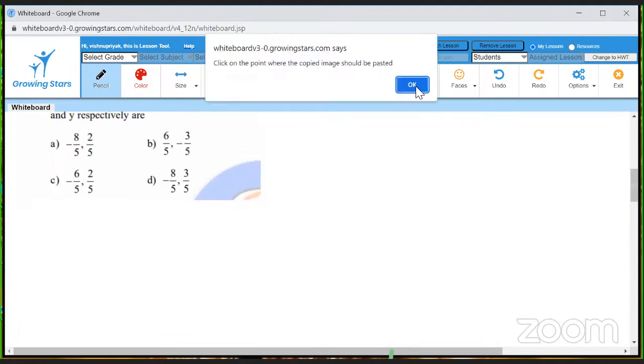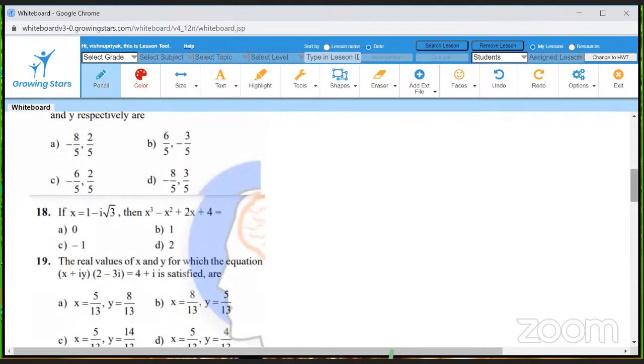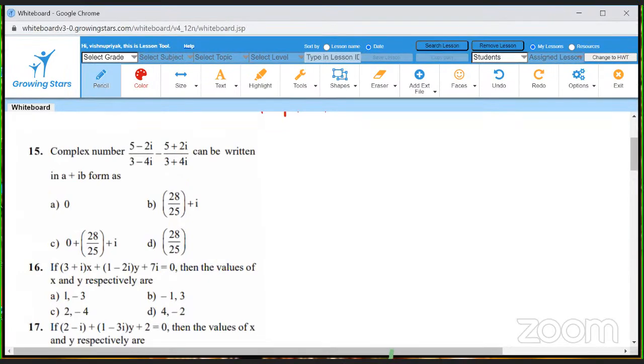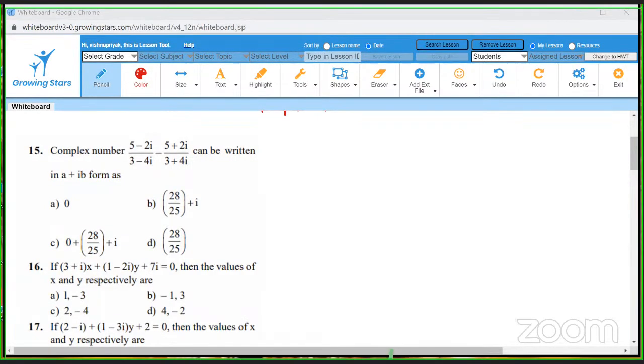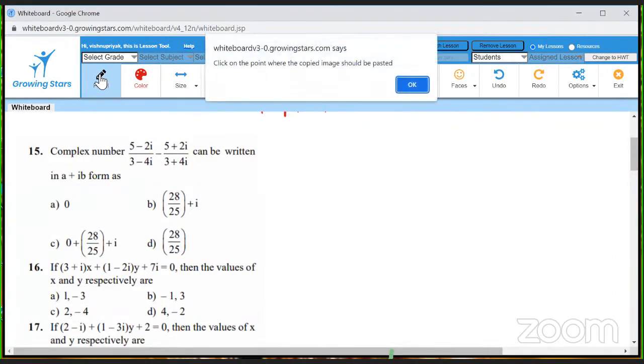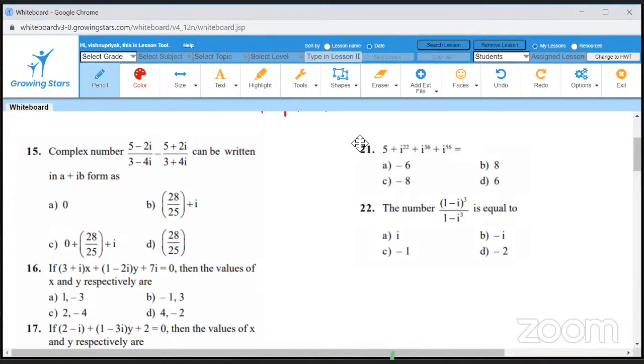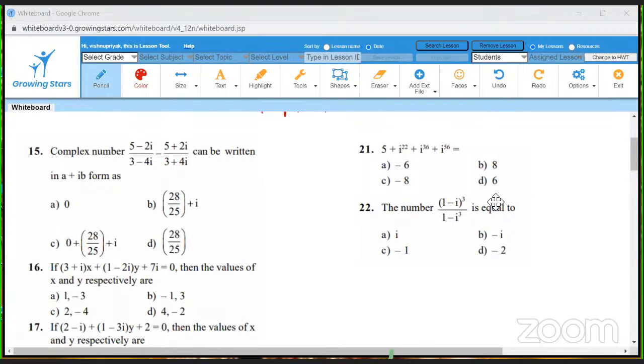One second, I'll show you question 15 again. Basically, I'm giving this as homework on the board. Tomorrow, I'll ask you how many of you got the correct answers. We will see.